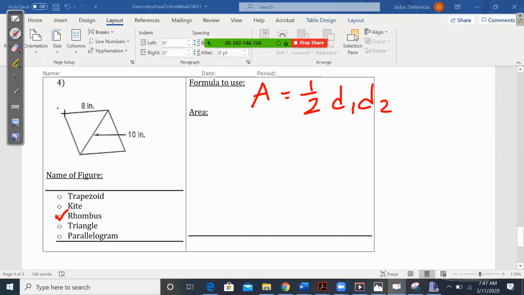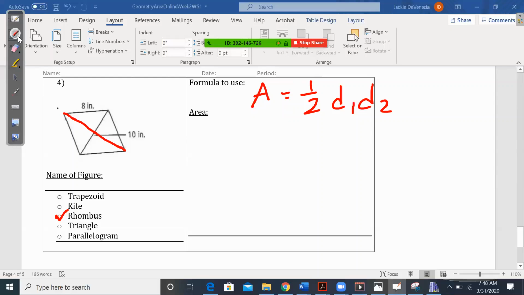So here, you can just go ahead and draw it. So I just draw one of my diagonals over here. Now this 10, it's telling me that the black diagonal, the whole thing, it's 10.